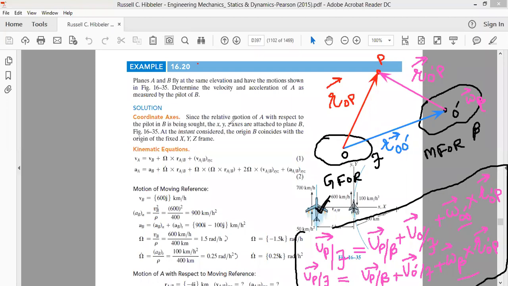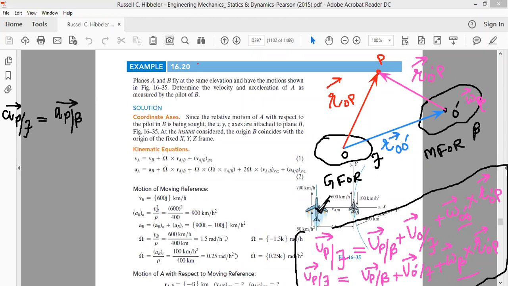As far as the acceleration equation is concerned, it's written as: acceleration of P with respect to the ground frame of reference is equal to acceleration of P with respect to beta, the moving frame of reference.